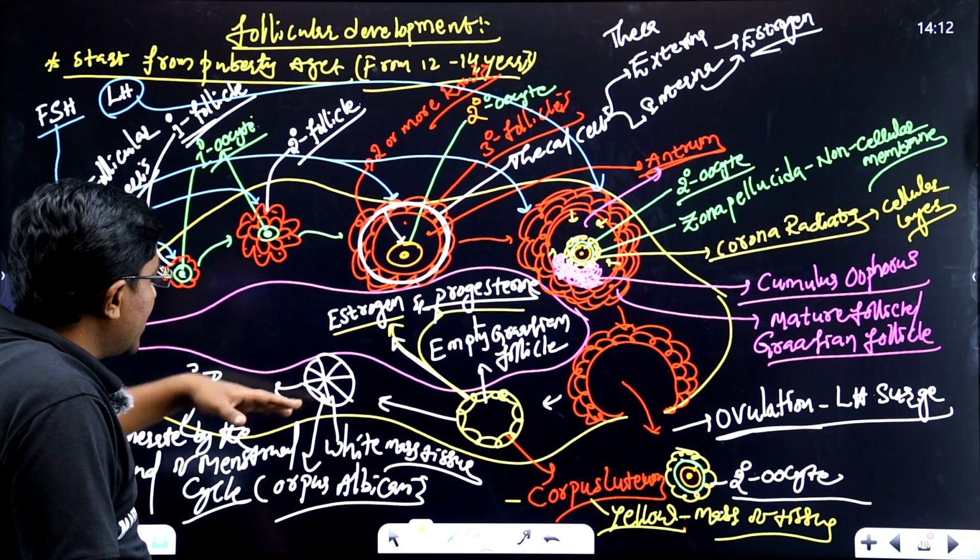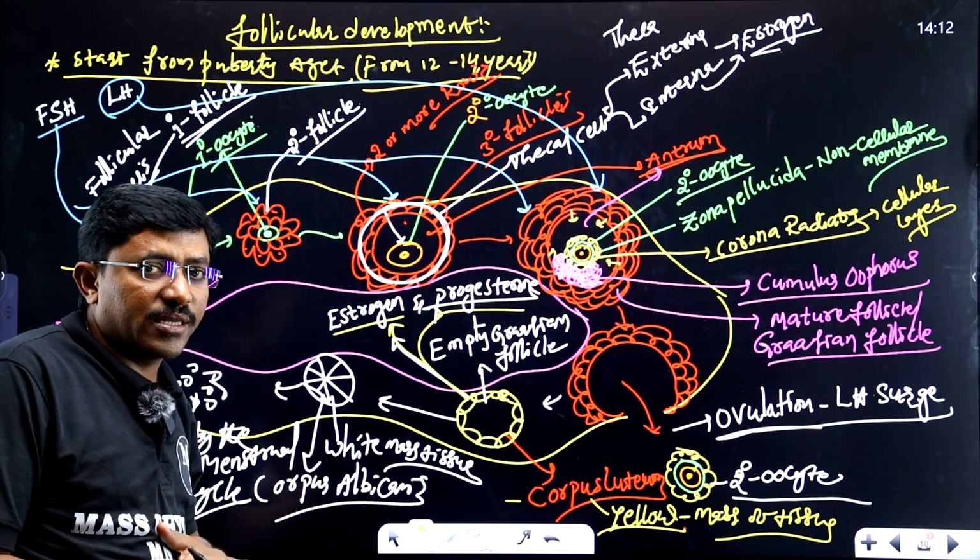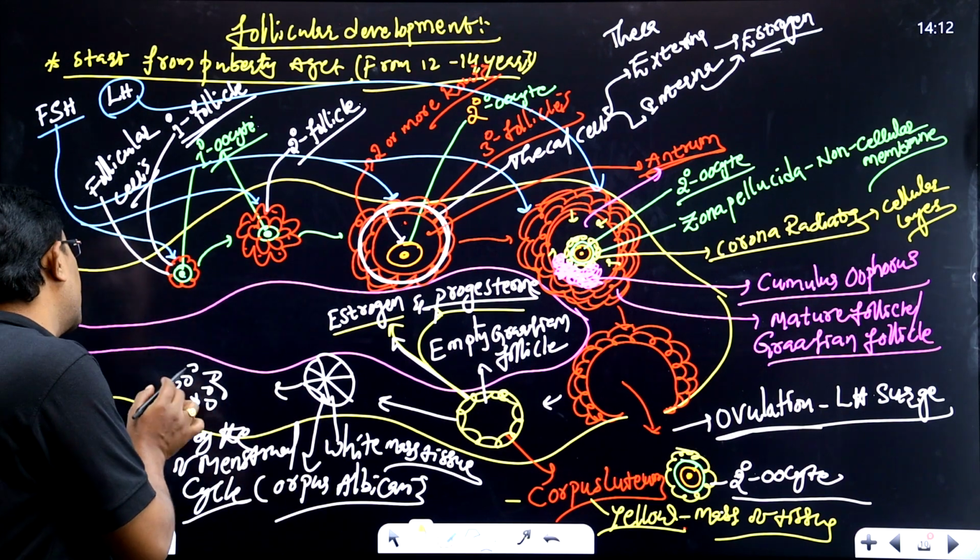In the corpus albicans condition, the hormones cannot be synthesized, and finally it degenerates.